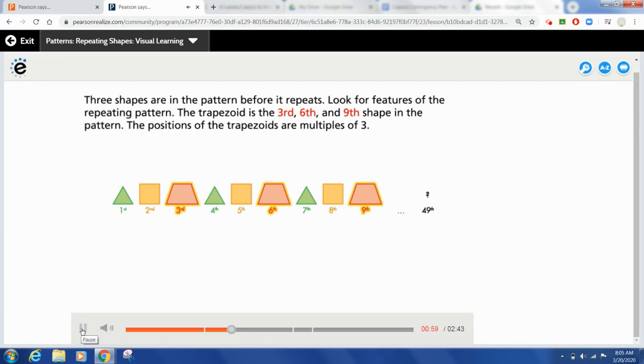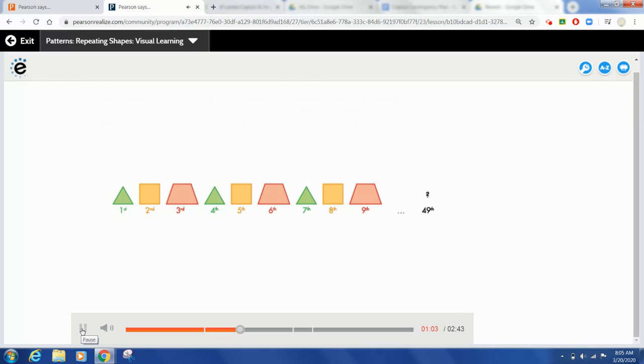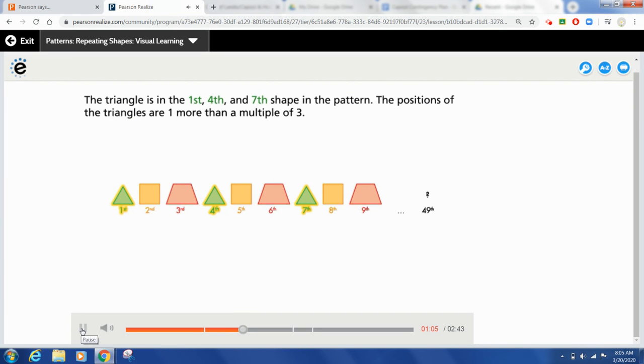The positions of the trapezoids are multiples of 3. The triangle is the 1st, 4th, and 7th shape in the pattern. The positions of the triangles are one more than a multiple of 3. The square is the 2nd, 5th, and 8th shape in the pattern. The positions of the squares are one less than a multiple of 3.